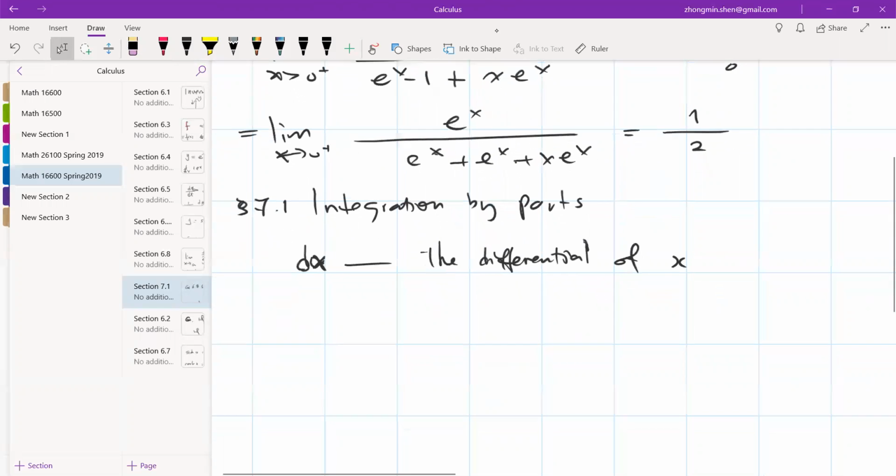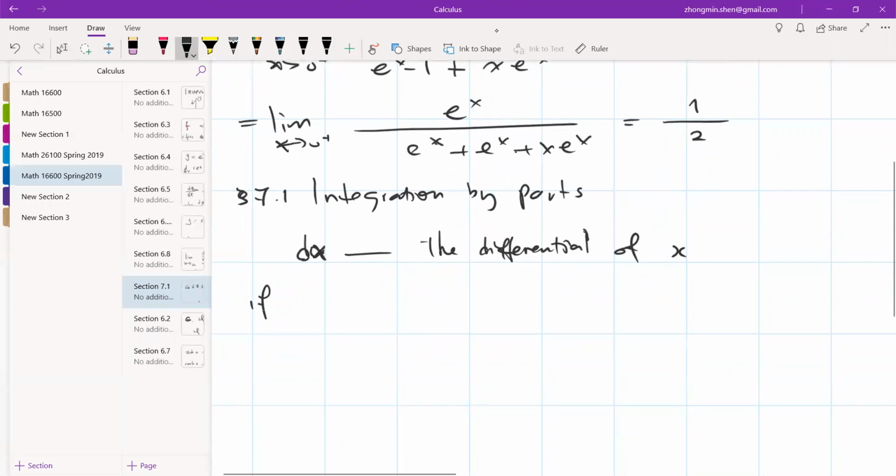So if x depends on another variable t, for example, x equals f of t. It's not necessary to write it in this form, but just that x depends on t.